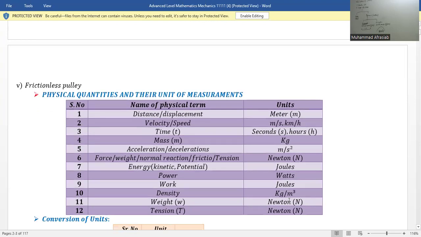Distance or displacement is measured in meters, velocity or speed is measured in meters per second or kilometers per hour, time is measured in seconds, hours, minutes, mass is considered in kgs or grams, acceleration or deceleration is considered as meters per second squared or kilometers per hour squared, force, weight, normal reaction force, frictional force, tension are considered in newtons, power is measured in watts, kinetic energy and potential energy are measured in joules, work is measured in joules, density is measured in kg per meter cubed, weight is measured in newtons, and tension is also measured in newtons. So these are the units which are being used in this M1.